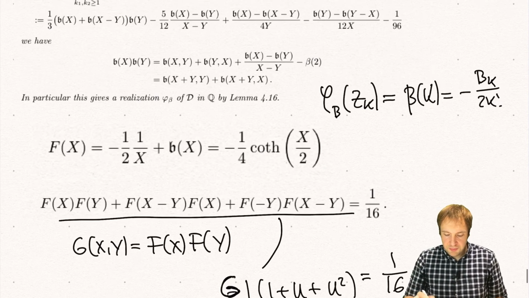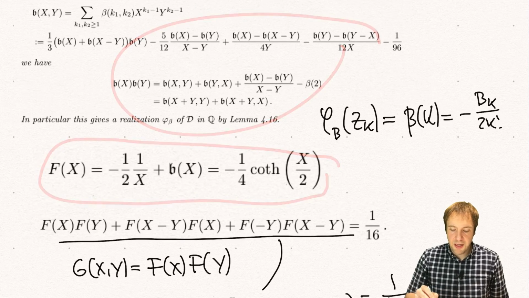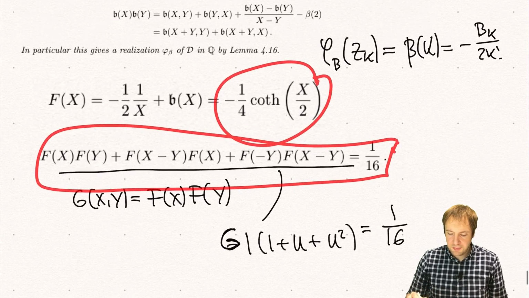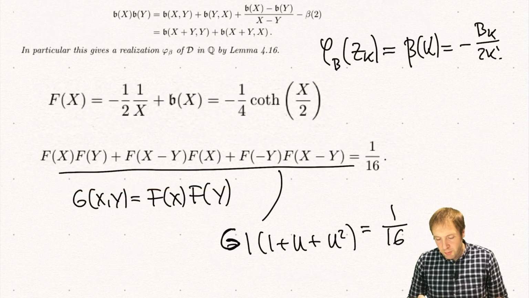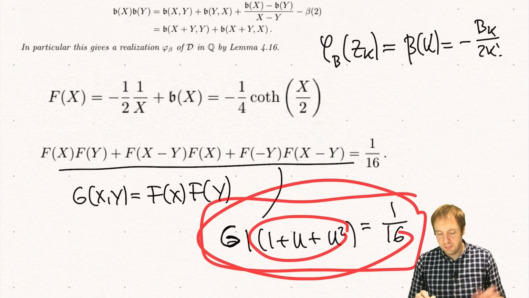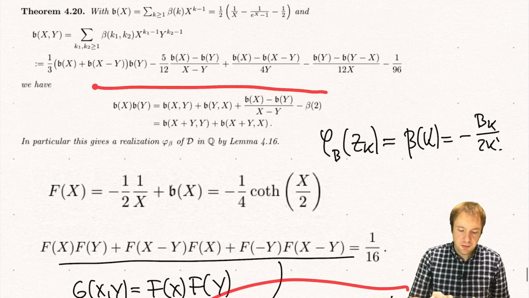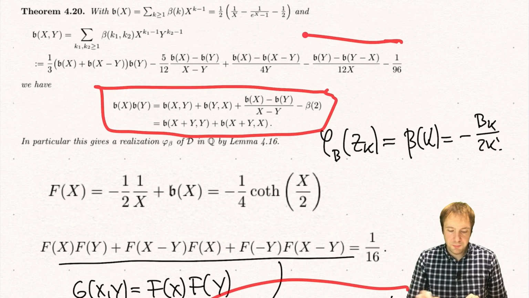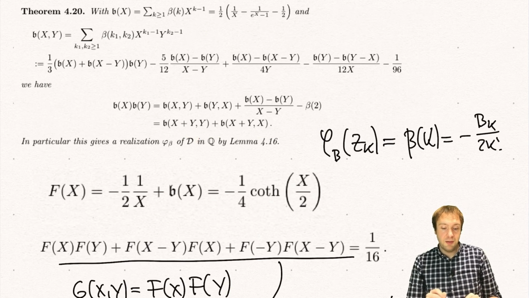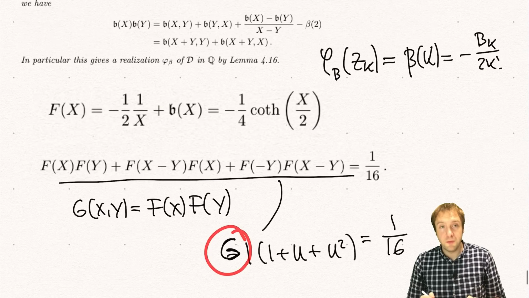And therefore the reason why this works here is that the hyperbolic cotangent satisfies this equation here, but this equation just means that we have this equation, and we will see later that every time you start with something satisfying this equation plus some small additional equation, then you can actually find a realization by this construction for this D in Q, or not in Q, but in wherever the coefficients of this G are.